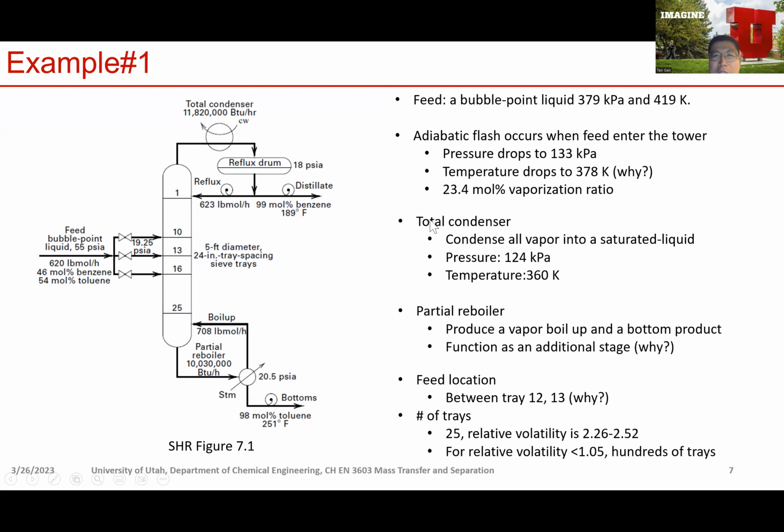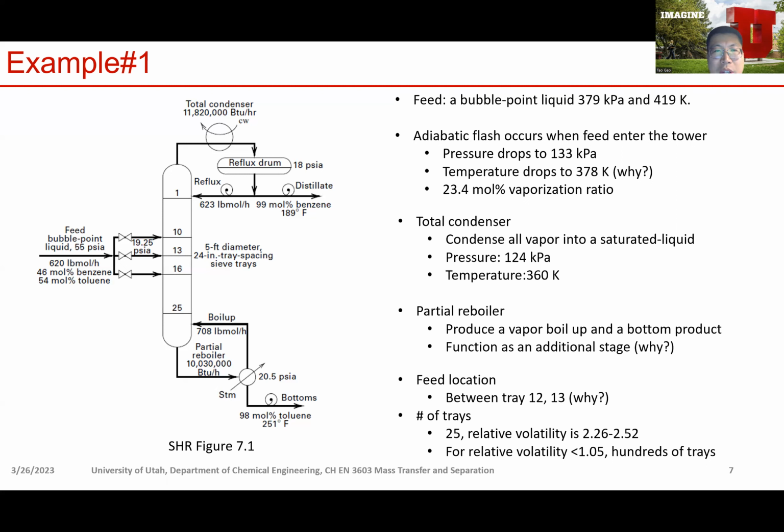We have a total condenser that condenses basically all the vapor entering this condenser into liquid. We have a partial reboiler. That means when the liquid gets out from the column and enters the reboiler, we're going to partially vaporize that liquid.